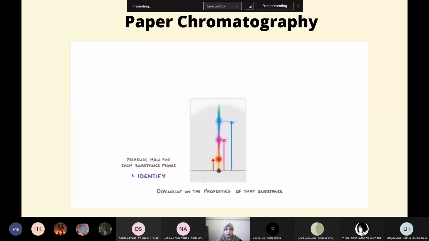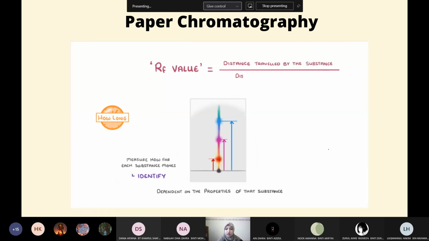How far each of the chemicals moves, though, is also going to depend on how long we leave the experiment. So instead of comparing the actual distance, we instead calculate a ratio called the RF value, which is equal to the distance traveled by the substance divided by the distance traveled by the solvent.